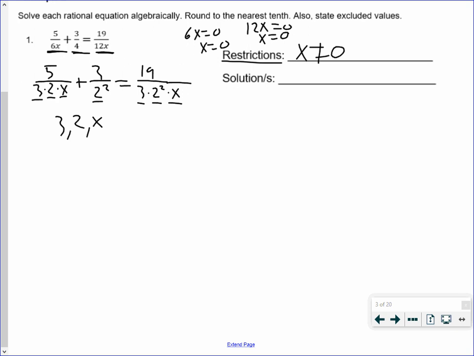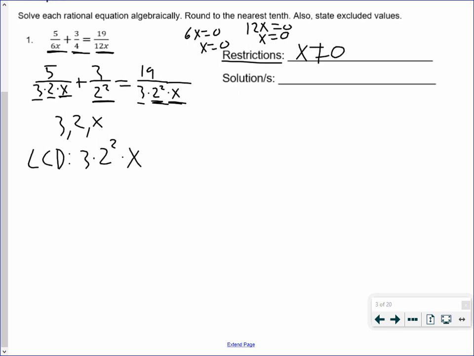So the highest degree of 3 that I see in any of these 3 fractions is just 1. So I'm going to multiply by 3 to the first power, or just 3. For 2, the highest degree of 2 that I see is 2 squared, both here and here. So just 2 squared. And then for x, the highest degree that I see is just a 1. So you multiply it just by 1.